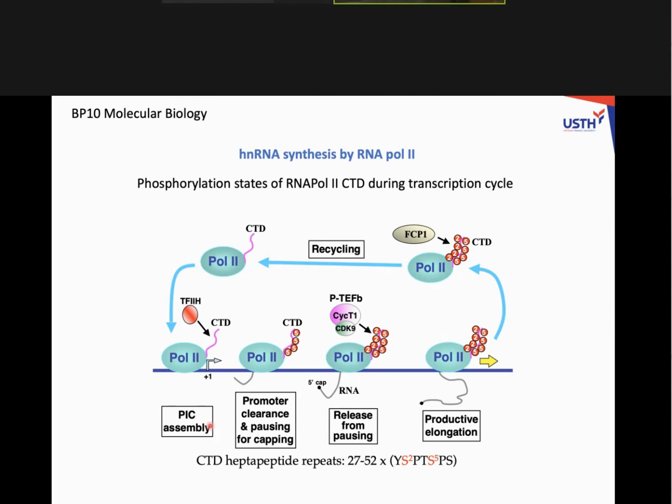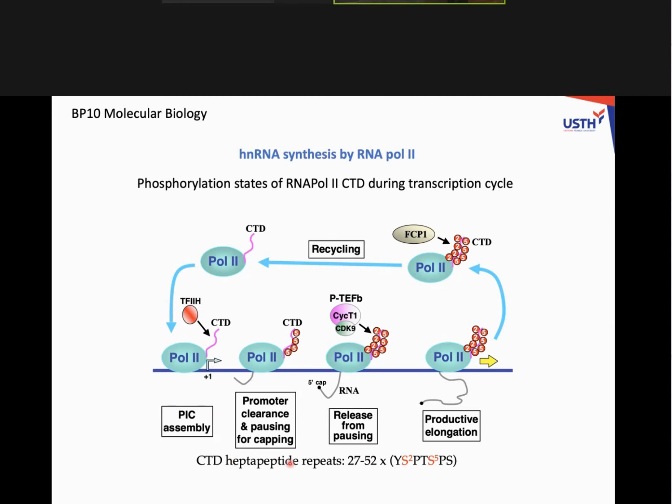Okay. So just to show you the importance of this C-terminal tail of the pol2. The CTD is a heptapeptide, so 7 amino acids, which is repeated a large number of times, between 27 and 52 times, depending on the species.